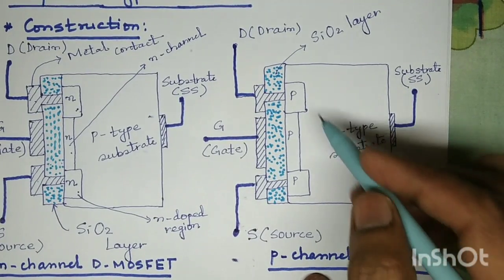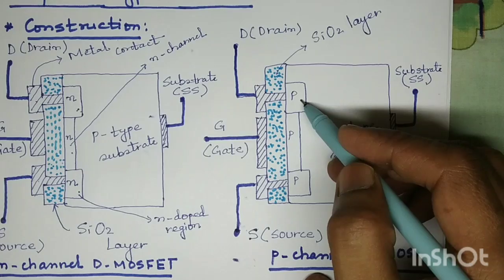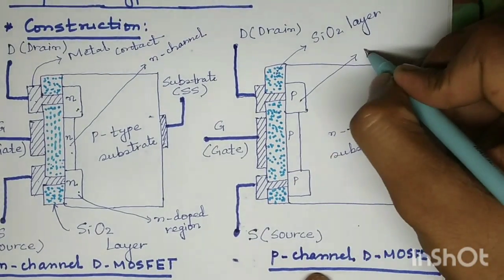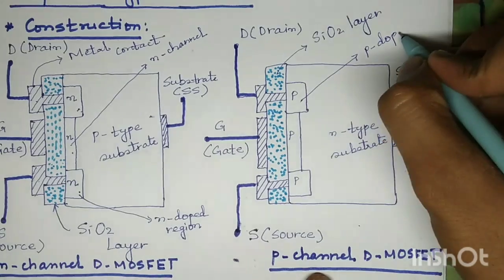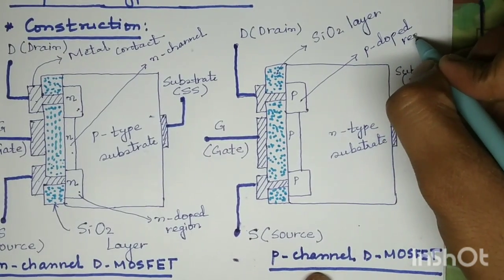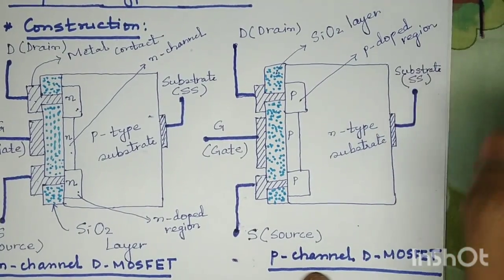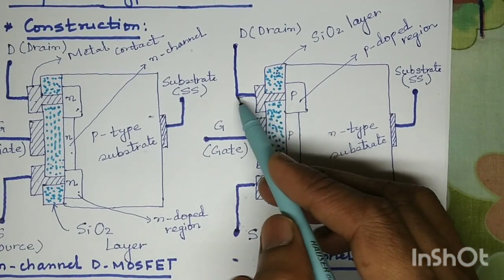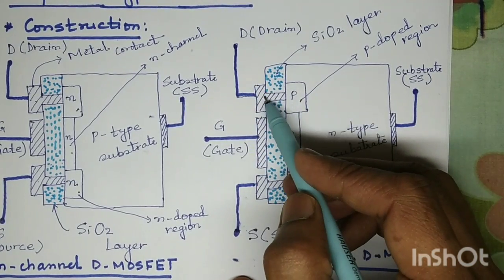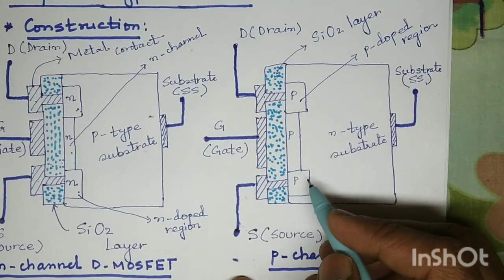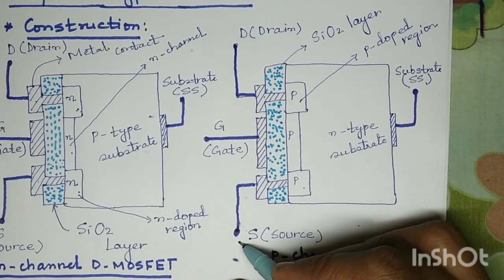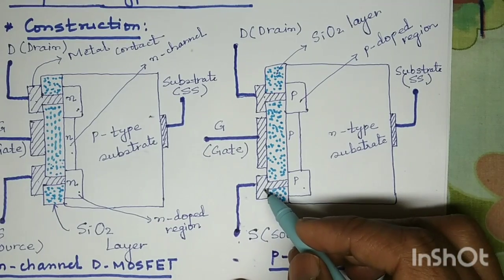In p-channel MOSFET, this is the p-doped region. The p-doped region is connected to the drain terminal through an ohmic contact. This is another p-doped region, connected to the source terminal through a metallic contact.